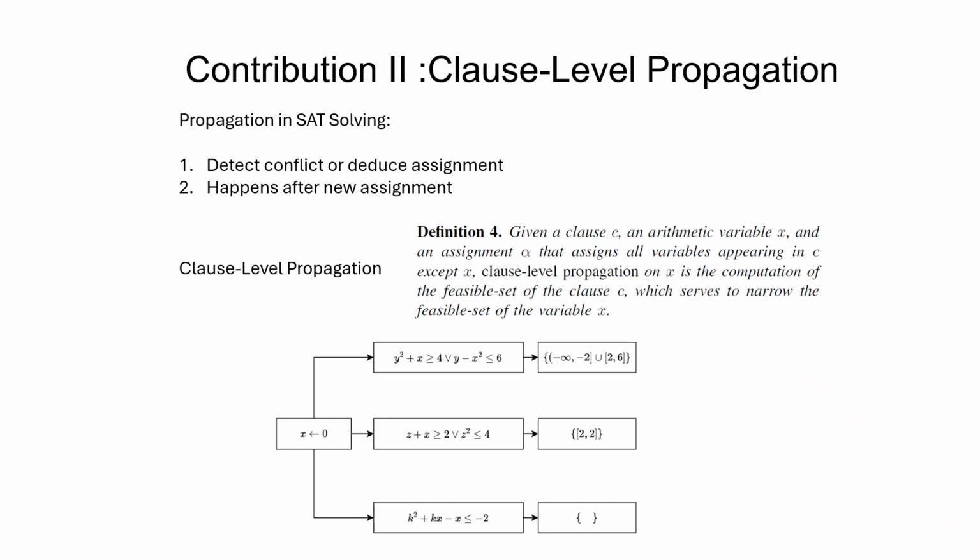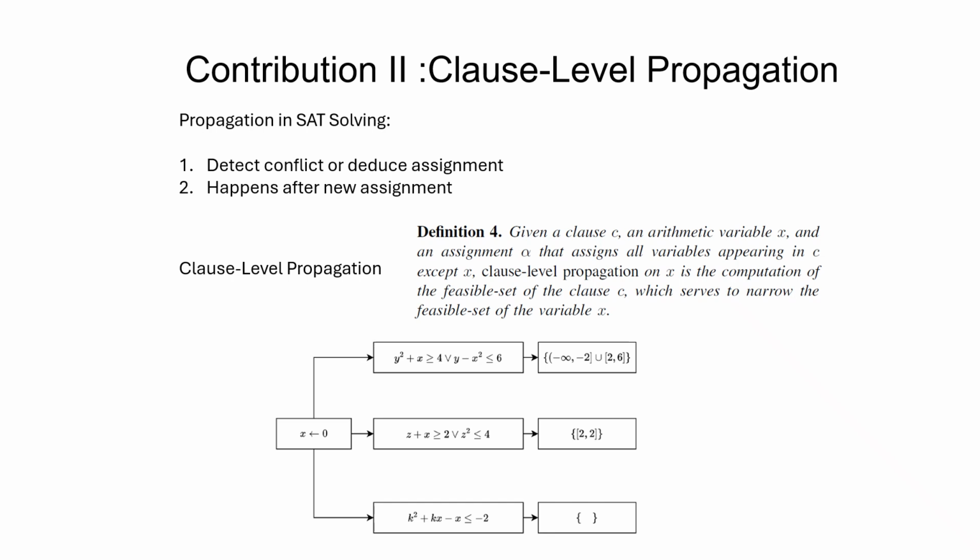This new assignment could be a decision or the deduction of a unit clause. We define clause level propagation as follows: under a new arithmetic assignment, for example, x equals 0, we quickly update the feasible set of another variable in a unit univariate clause.